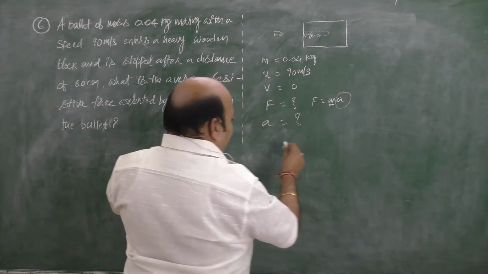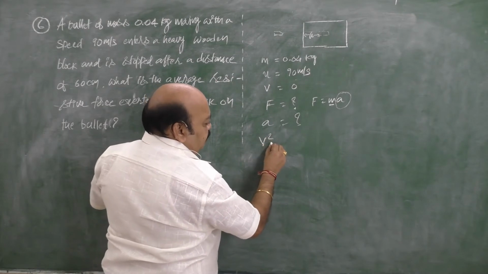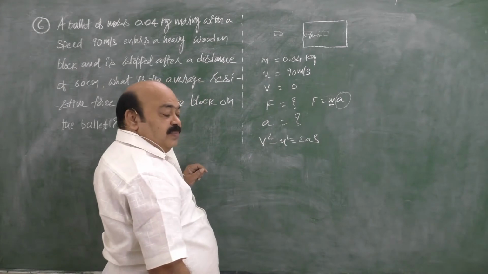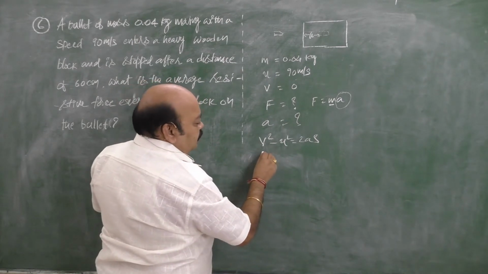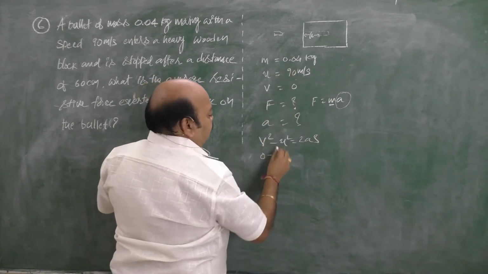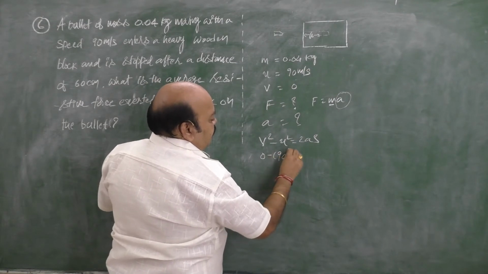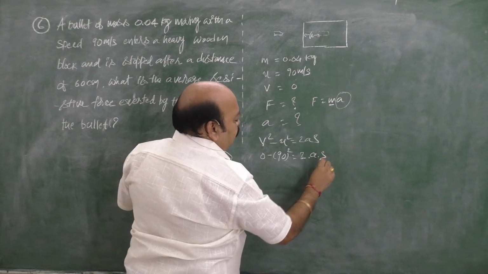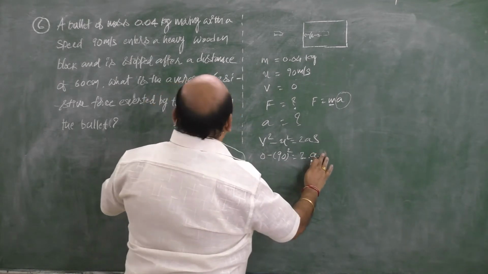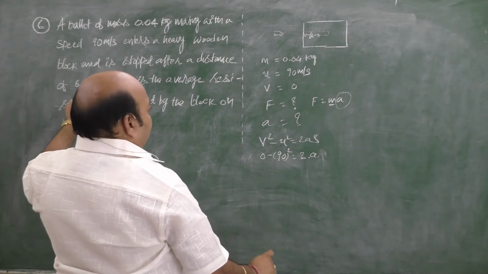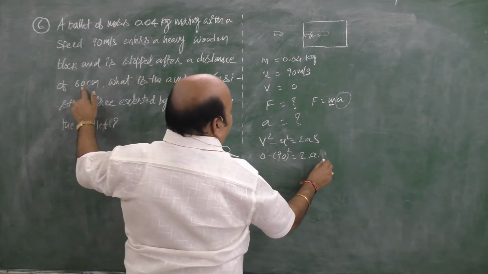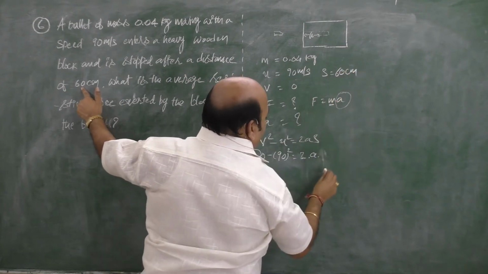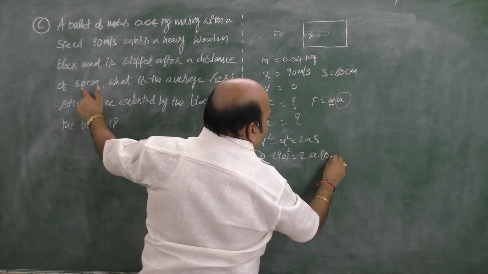From simple kinematics, v square minus u square is equal to 2as. Here v is 0, minus u square, u means 90 square, is equal to 2 into a into s. What is the distance travelled? We can substitute its value also. Be careful, here it is 60 centimeter. S is equal to 60 centimeter, which is nothing but 0.6 meters.